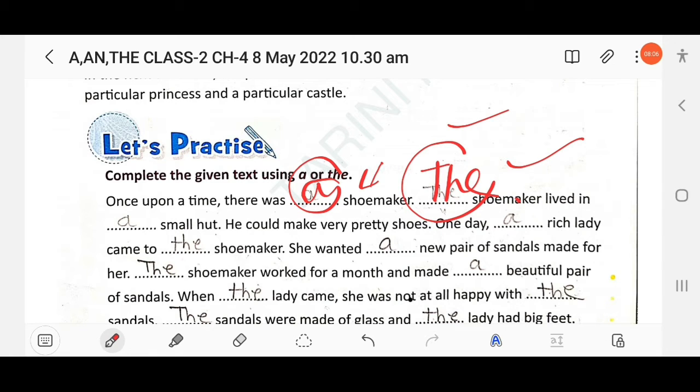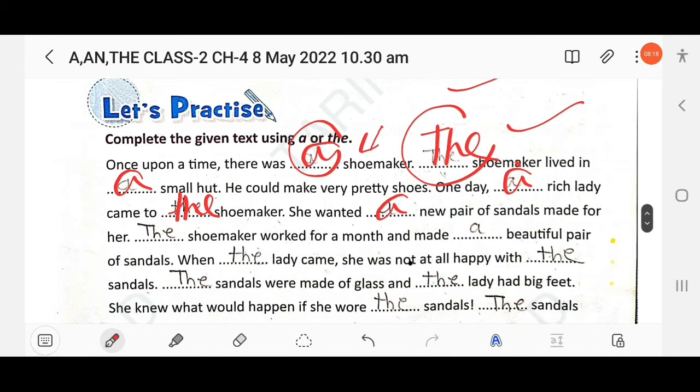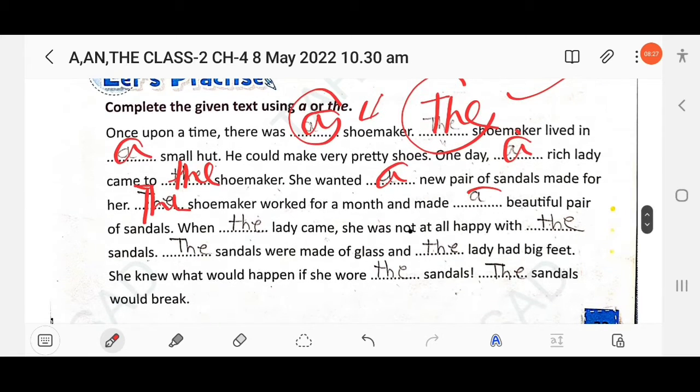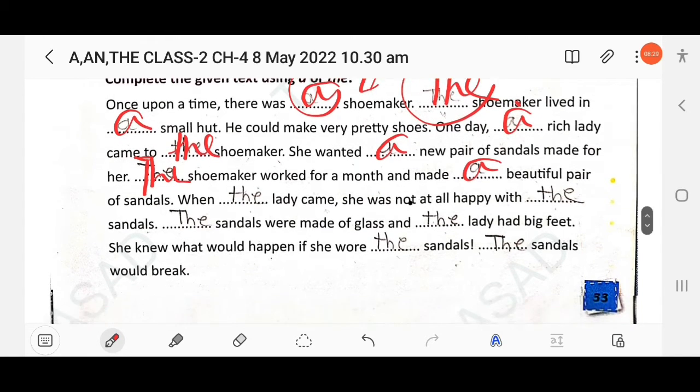The shoemaker lived in a small hut. He could make very pretty shoes. One day a rich lady came to the shoemaker. Okay, again the shoemaker is mentioned, so you have to use the. She wanted a new pair of sandals for her. Then the shoemaker worked for a month and made a beautiful pair of sandals.